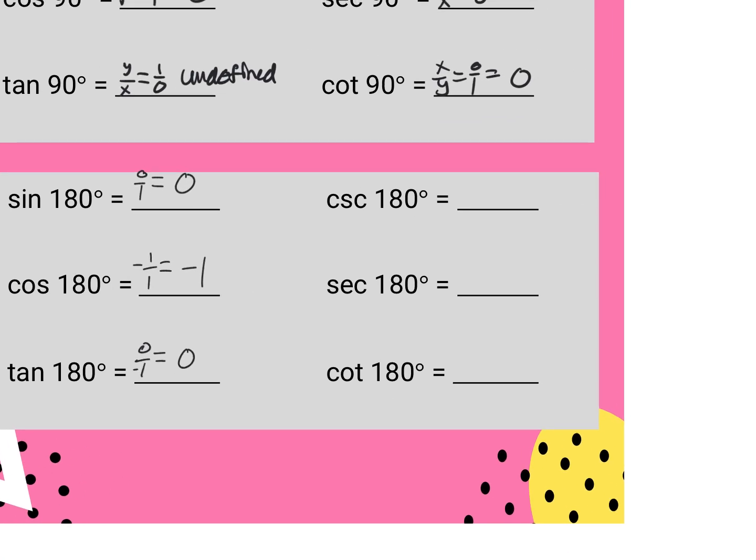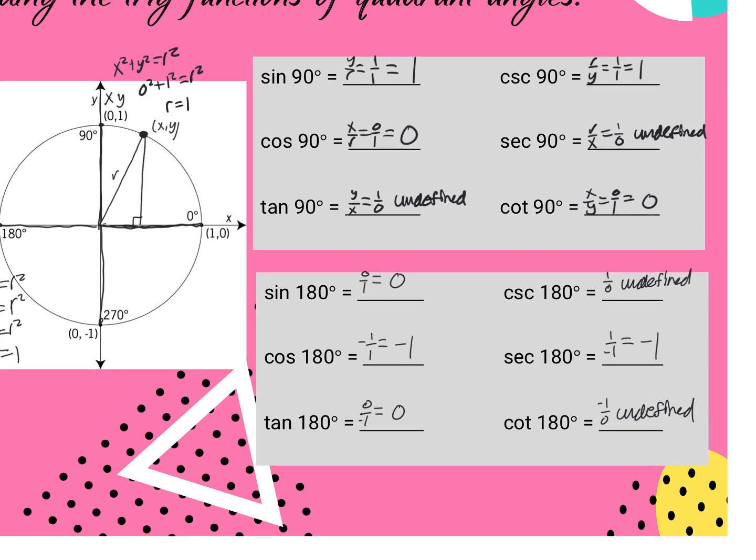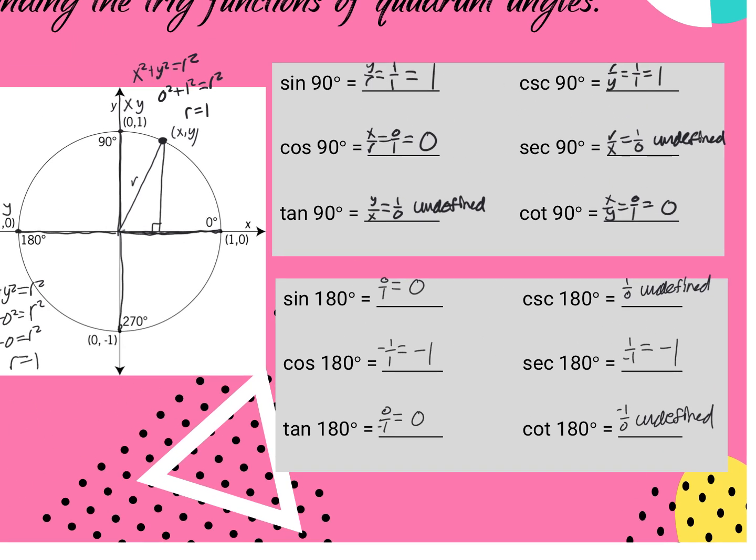Cosecant is the flip of sine, so this one's going to be 1 over 0, which is undefined. Secant is going to be 1 over -1, which is still just -1. And then cotangent, I'm going to get -1 over 0, which is also undefined. And then you can repeat this process for 270, 360, anything that lies on the x or y axis, you are able to find those values.